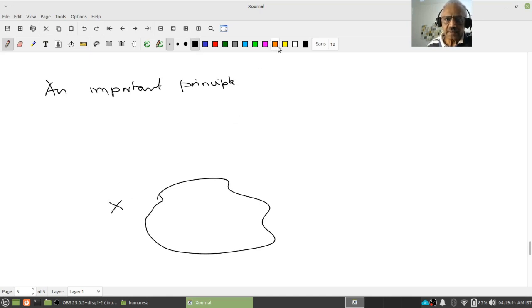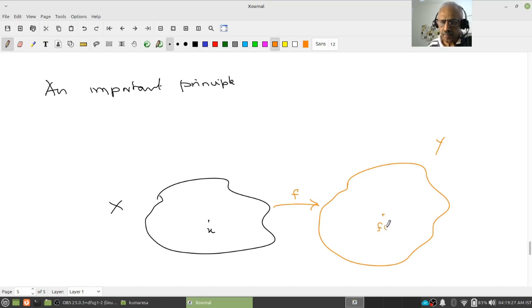This is my x, this is my y, and I have a function f. Okay, and this is a point x, this is a point f(x). I want to know when f is continuous at x.